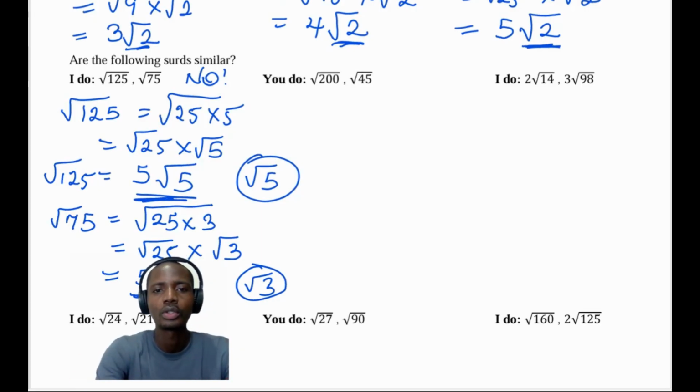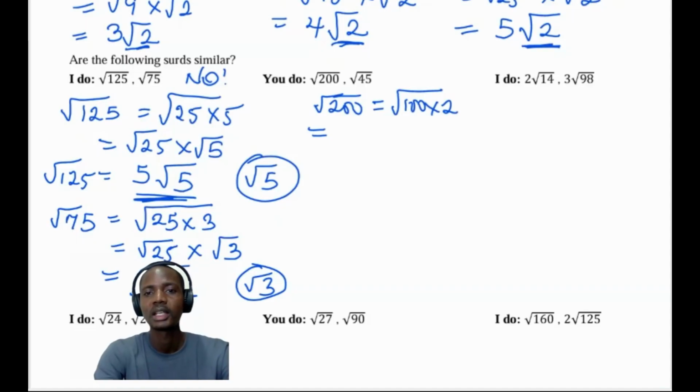So root 200, that's quite easy. That gives us root 100 times 2. From this point, I know that I'll look for root 100, then root 2. So root 100, I can simply have it as 10 root 2. Yes. What is root 45?